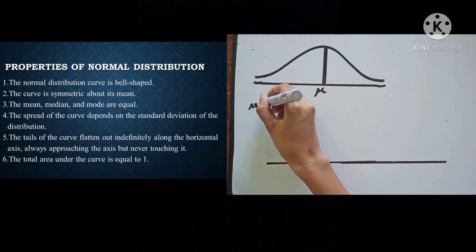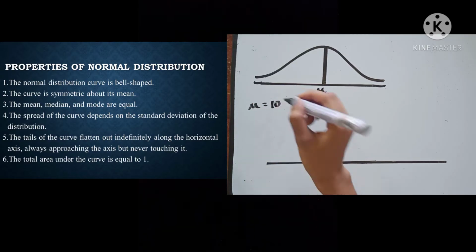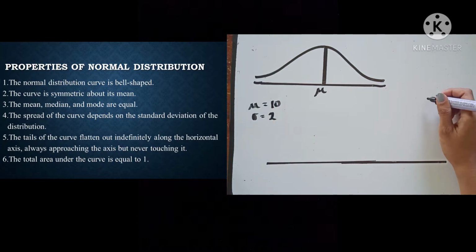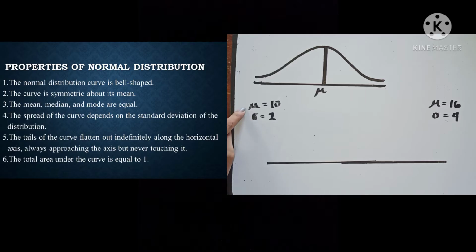So, for example, meron tayong mu or mean na 10 and yung standard deviation niya is 2. And we also have mean na 16, and yung standard deviation naman niya is 4. Ilalagay natin siya sa isang axis lang. Yung mean natin dito is 10, yun yung gitna natin sa curve.